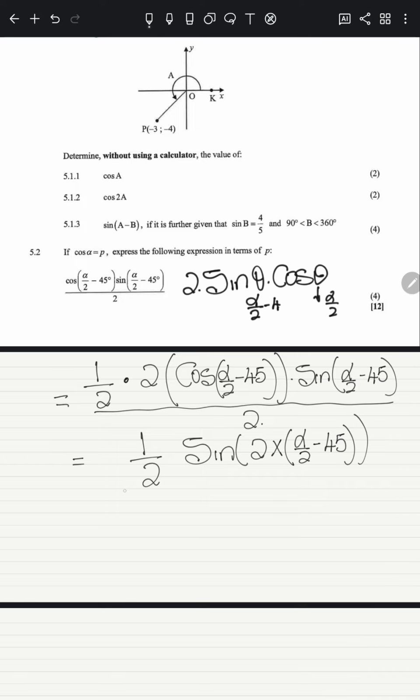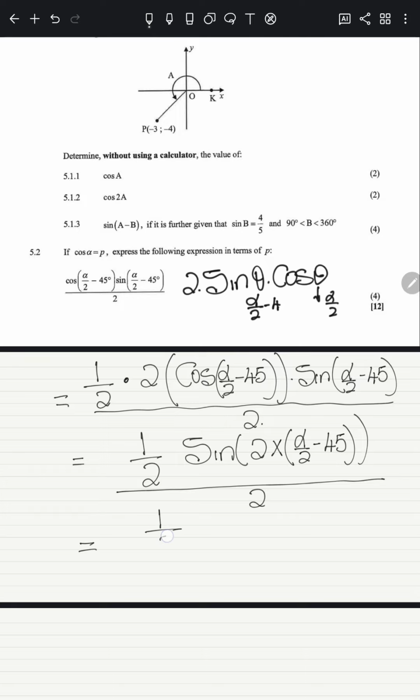Then remember this thing is being divided by 2. Therefore what I'm going to do now is very simple. I can take the LCD inside, it doesn't matter, or I can remove the bracket. It's still up to me. But what I'm going to do is remove the bracket.